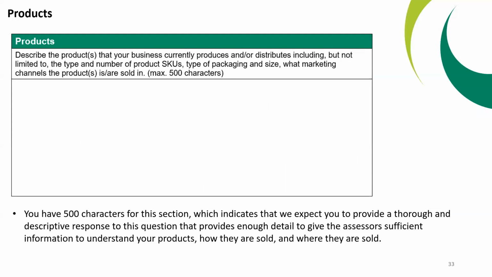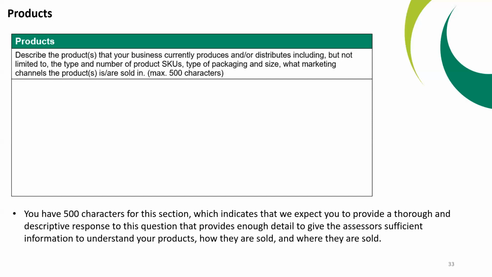Okay, products. We would like you to tell us what products you carry, again, because we don't necessarily know your business. And again, 500 characters. So there's lots of room to provide a thorough and descriptive response to this question. So give us details in terms of pack sizes, case sizes, what flavors, how they're sold, where they're sold.